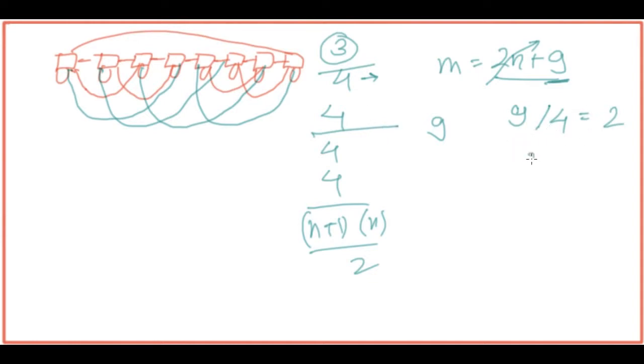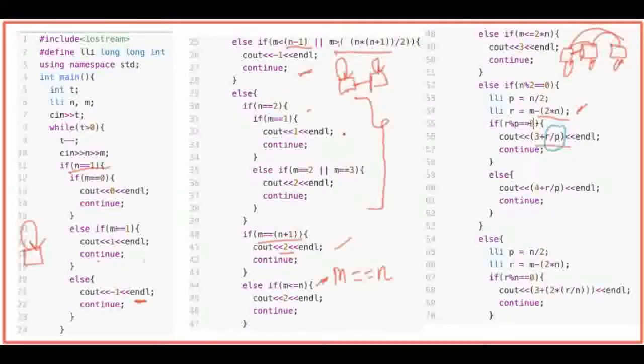If I just go by this logic, I will have a factor of 5, but 9 lies in the range between 4 and 6 factors, so I should have plus 1. So if p cannot divide r completely, then I will have 3 plus 1, 4, plus r by p.